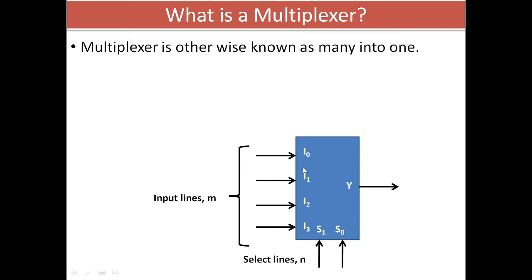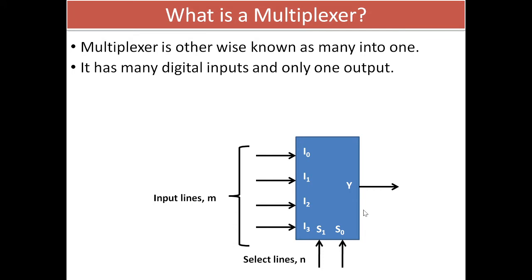Since this is a digital multiplexer, the number of inputs has a relation with the selection inputs, and we'll see that. The inputs here are given as I0, I1, I2 and I3. Depending on the selection inputs at S1 and S0, the inputs will be selected at the output.